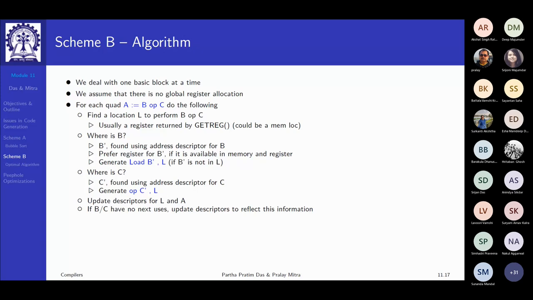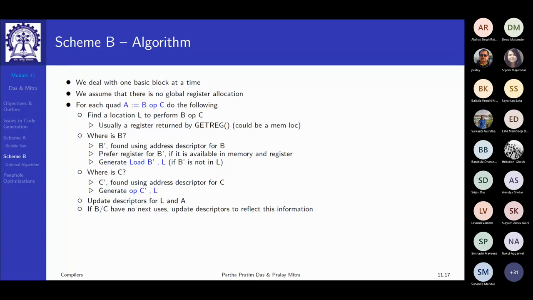If it is in a register, we obviously take that. If it is only in memory, we do not have a choice. So we will generate a load of B prime into L if B is not in L already. It is possible that B may already be in L. If it is, then we do not need to generate the load. Otherwise, we will generate a load from B prime to L.